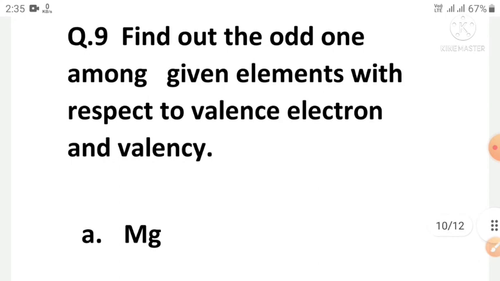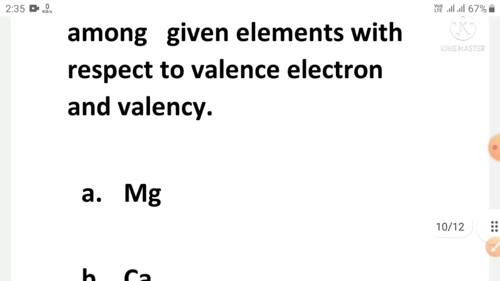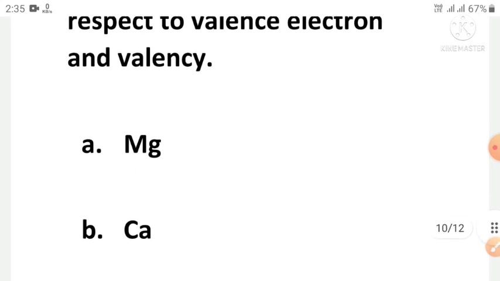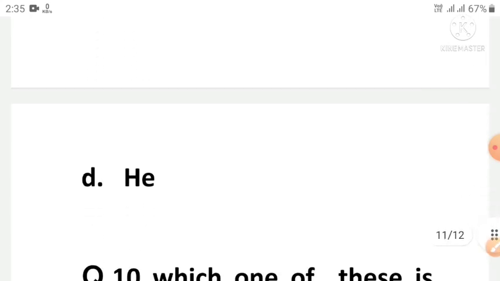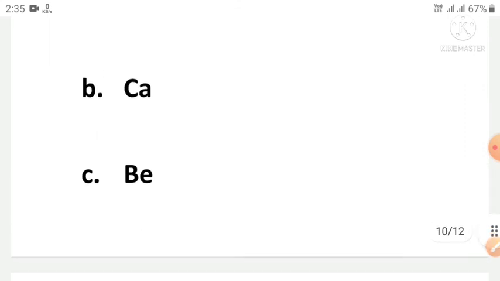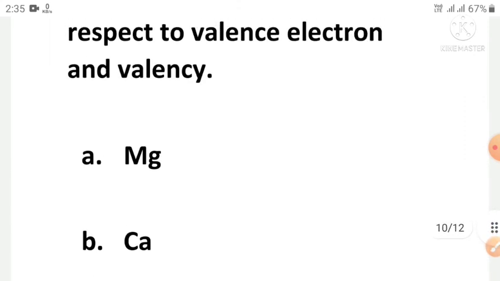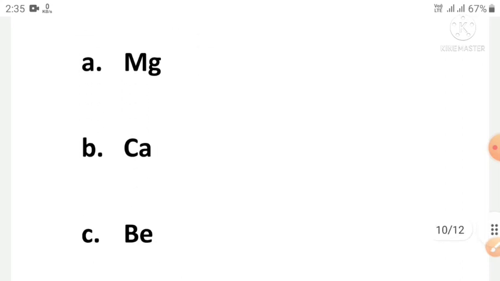Here first we have to observe 4 options: A magnesium, B calcium, C beryllium, D helium, in which we have to see its valence electron and valency and then derive which one is different among them. So we have to work out the complete answer and the correct answer.